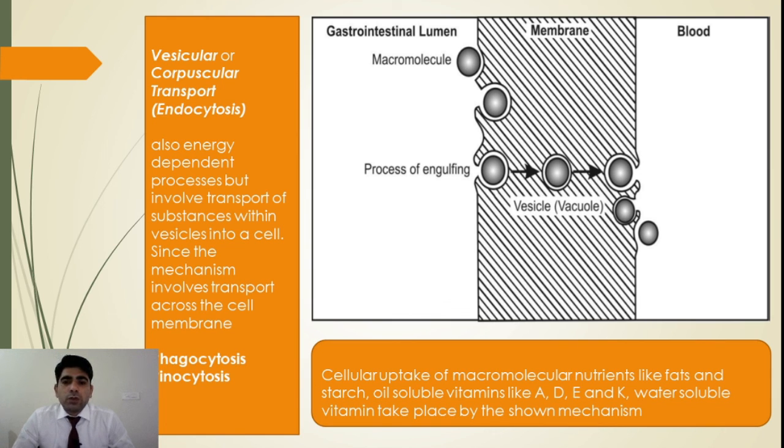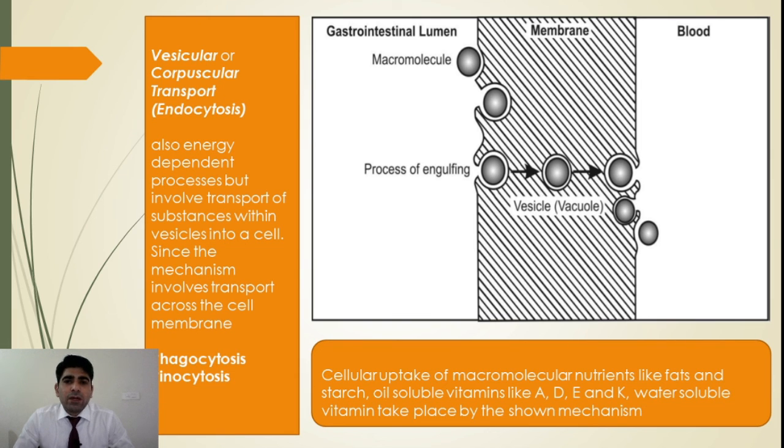Examples we can give are starch molecules, fat molecules, vitamins A, D, E, K, and other water soluble vitamins, which can also cross through this membrane. So basically this transportation is for macromolecules. These macromolecules can be available in liquid form or in solid form.